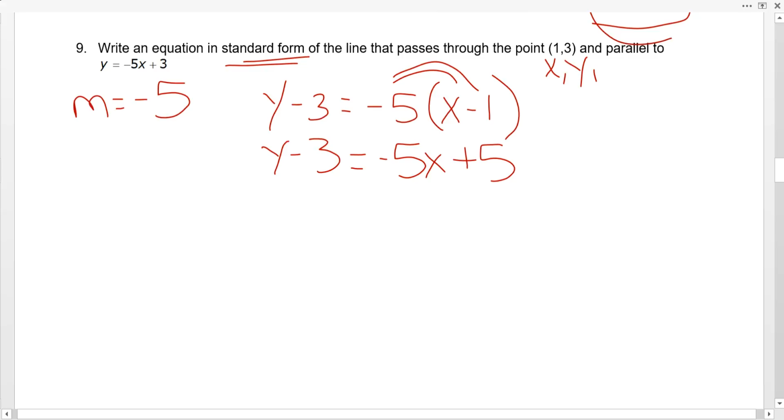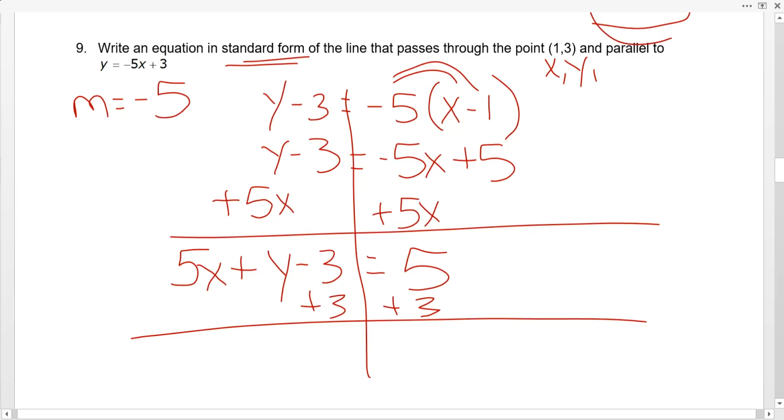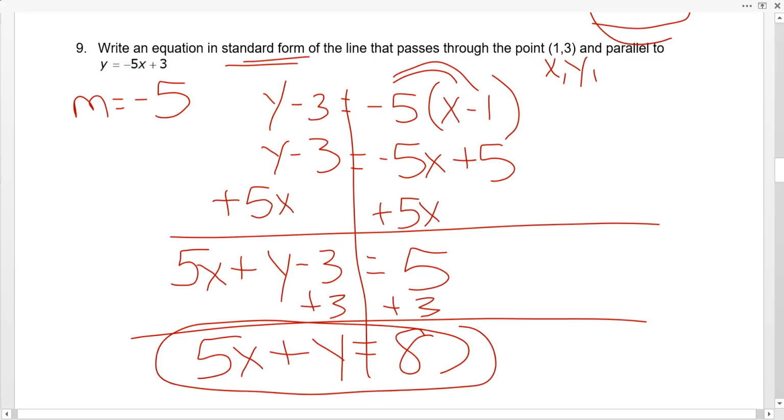So I need to get my x and my y over on the left. So I'm going to add 5x to both sides. 5x plus y minus 3 equals 5. I'm going to add 3 to both sides. 5x plus y equals 8 is my equation in standard form.